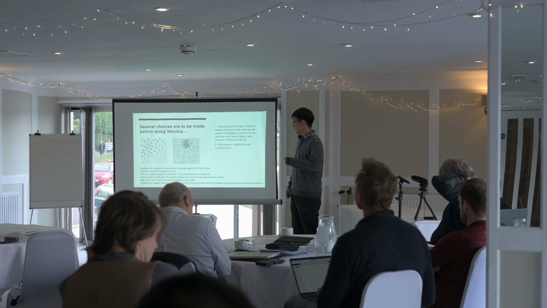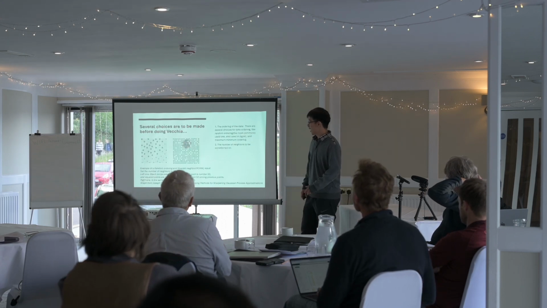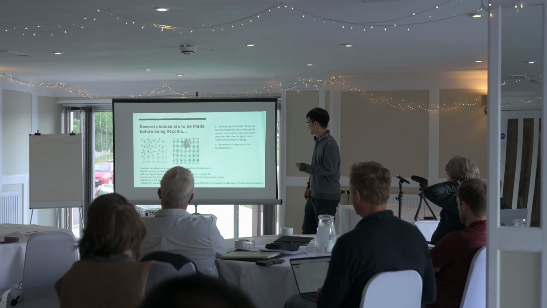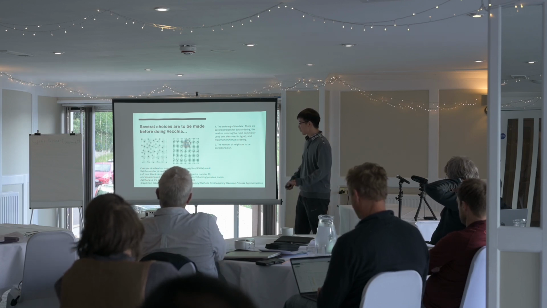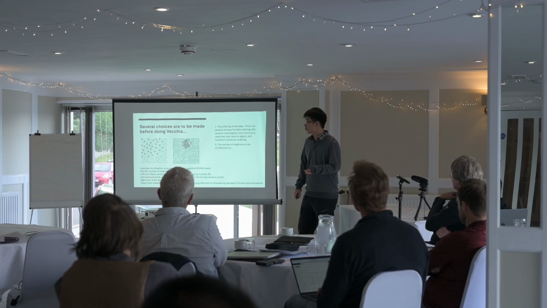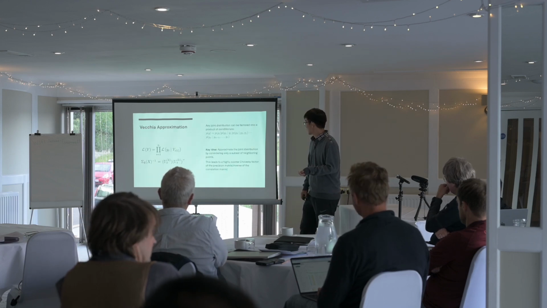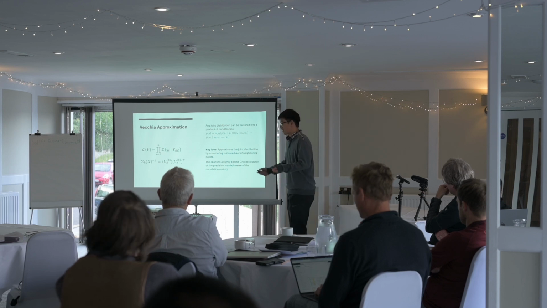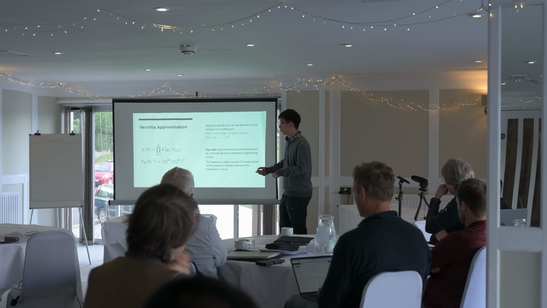But there are still several choices that you have to make before you do Vecchia. The first one is the ordering of the data. So why does ordering of the data matter? Remember in this formula, for example, we have 100 data points.